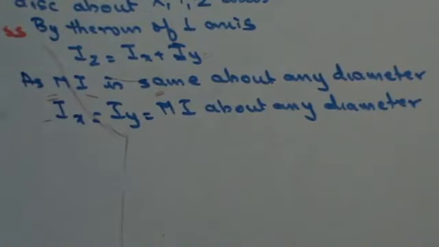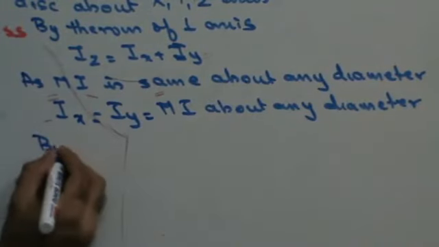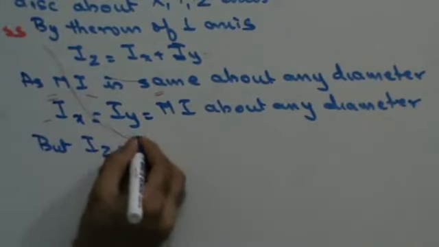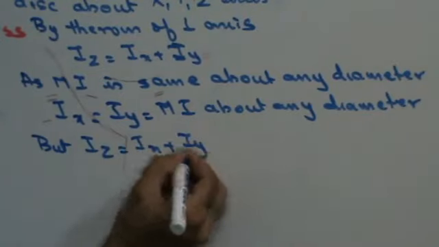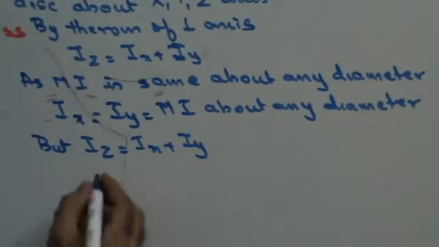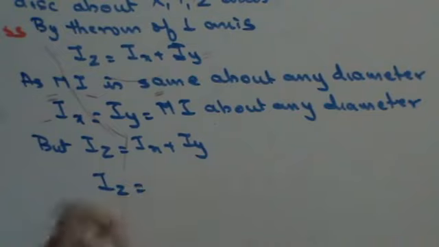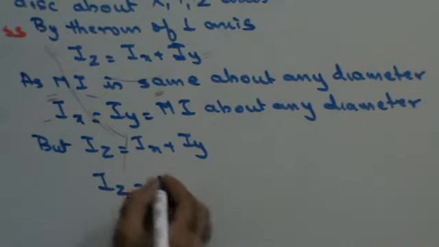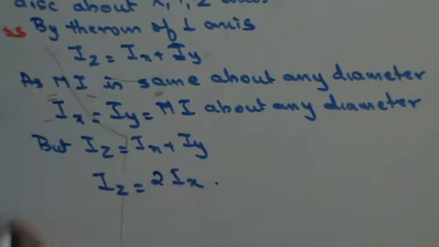Now Iz is Ix plus Iy, which can be written as 2Ix. Therefore Ix is Iz upon 2.